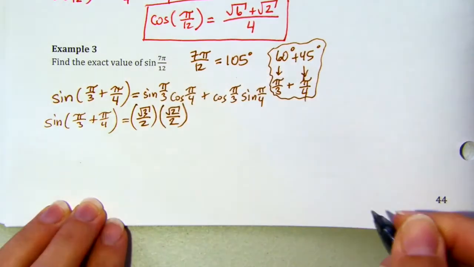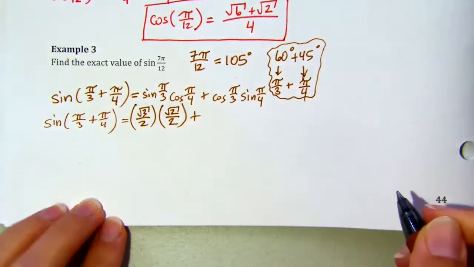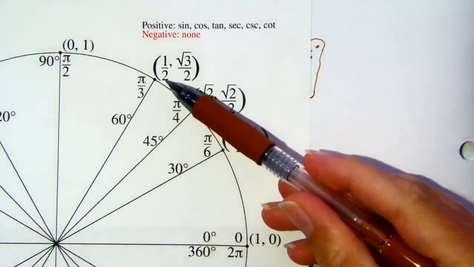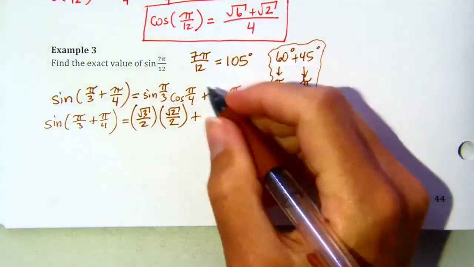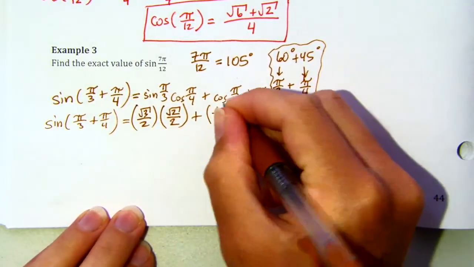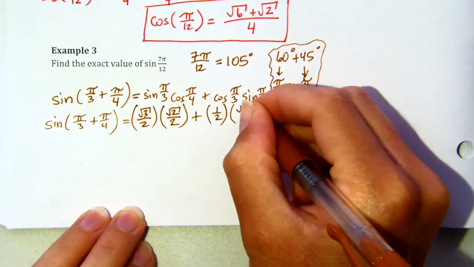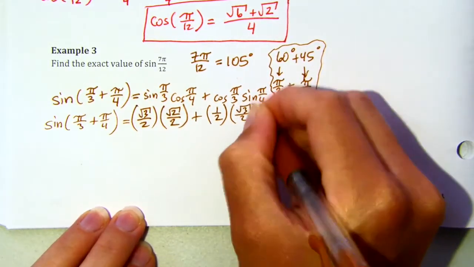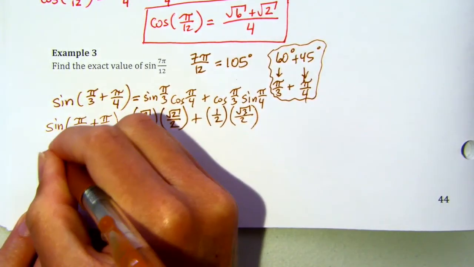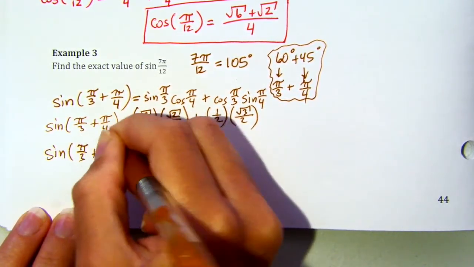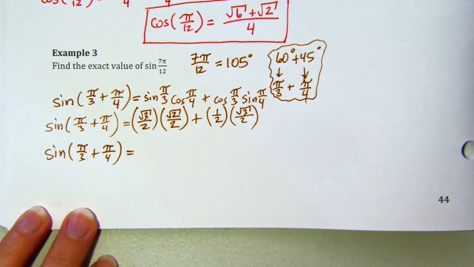It's the square root of 2 over 2. The cosine of pi over 3, our x value at pi over 3 is 1/2. And the sine of pi over 4 is the square root of 3 over 2. Now we multiply and simplify.